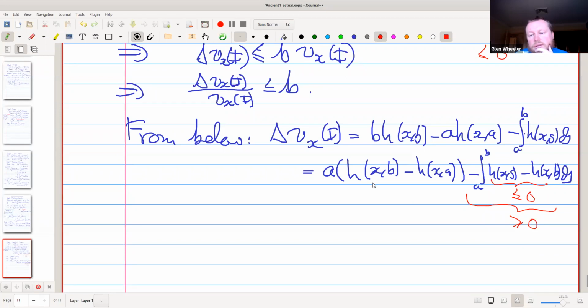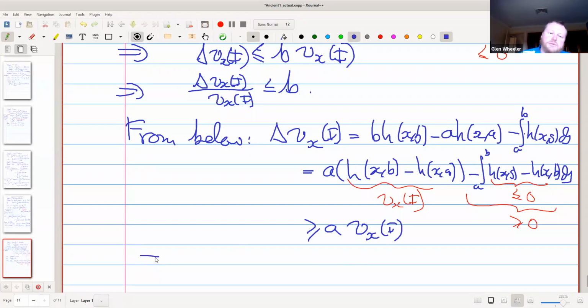And then inside here, you again have the measure nu x of I. Okay, so then we get greater or equal to a nu x of I, which means that we have this kind of estimate.